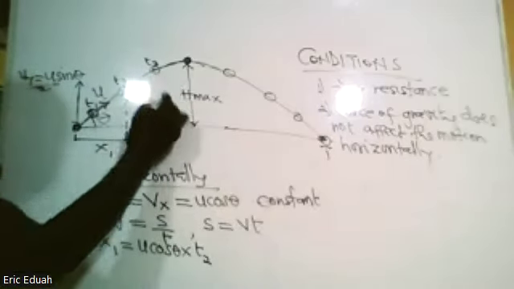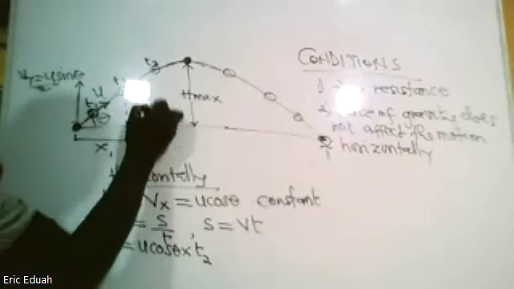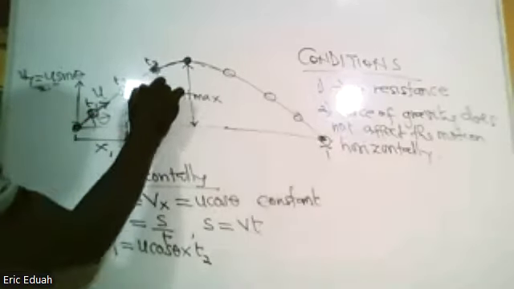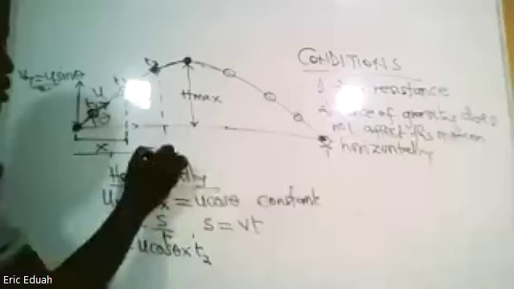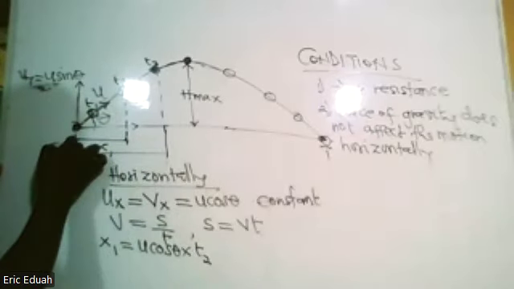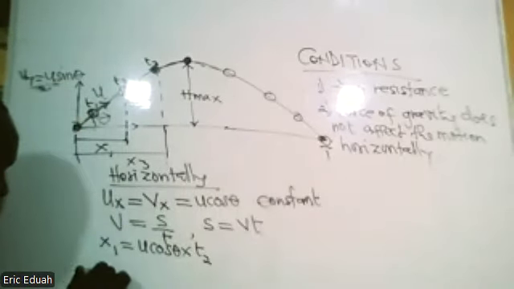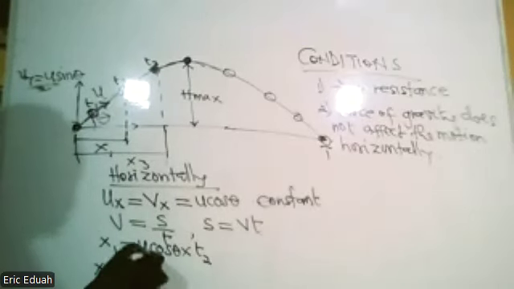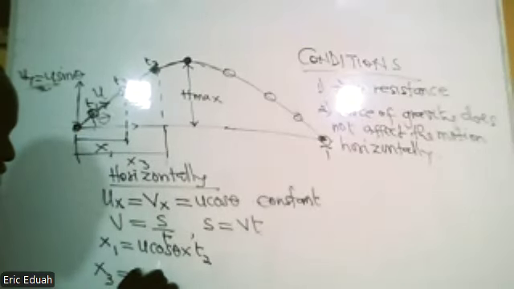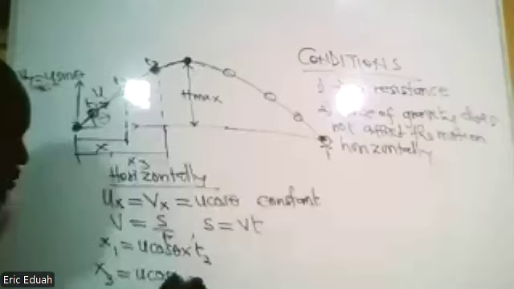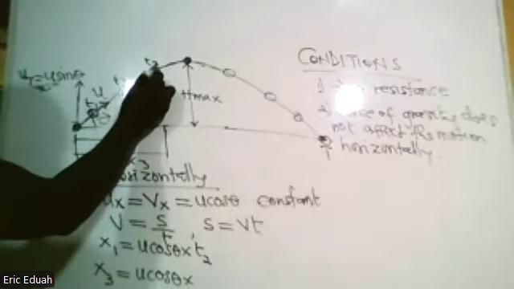If I label this x3, x3 would be equal to the constant horizontal velocity times the time taken to get to this point, which is t3.